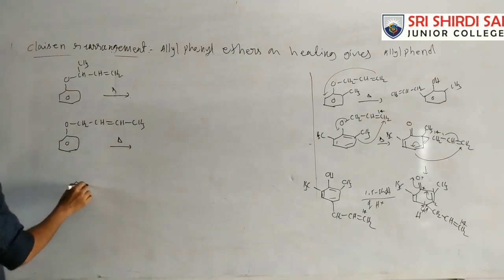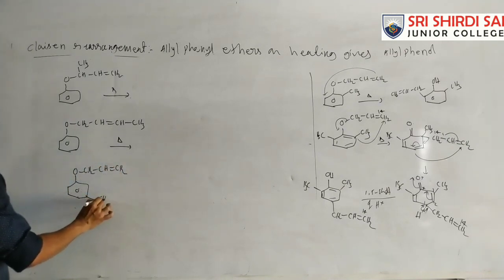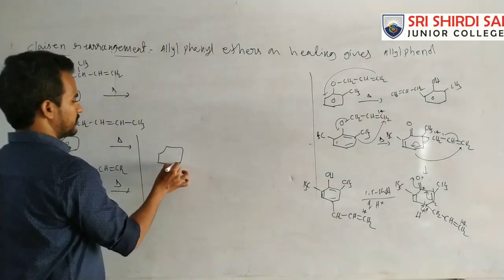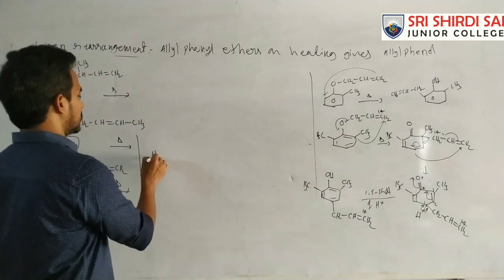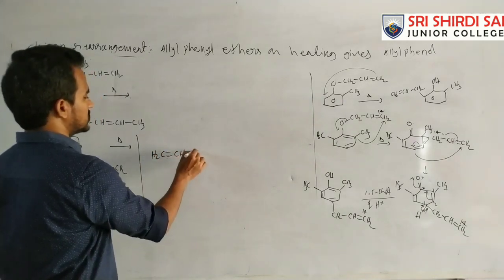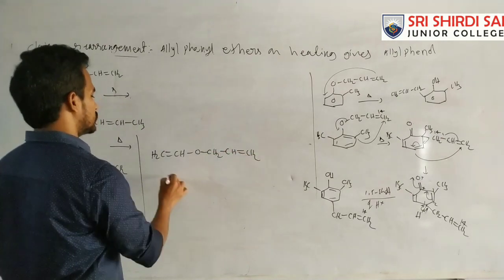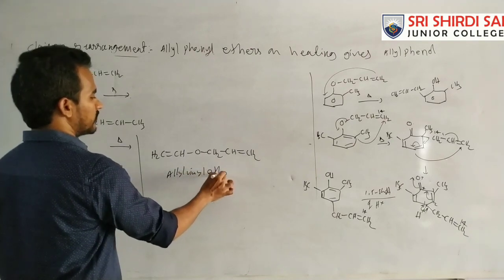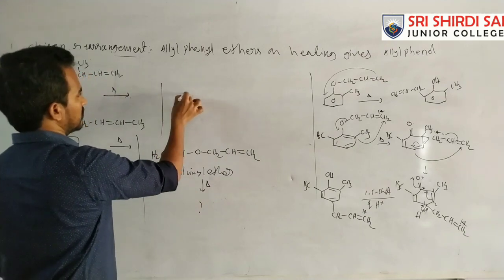Then O-CH2, CH double bond CH2, with CH3, heating. And next, based on this we can write CH2 double bond CH, bond O, CH2-CH double bond CH2. This is allyl vinyl ether; on heating, write the product.